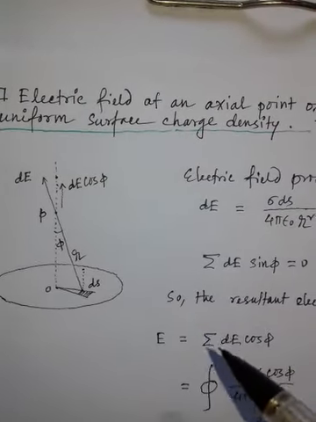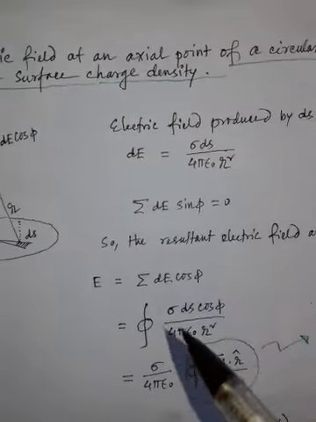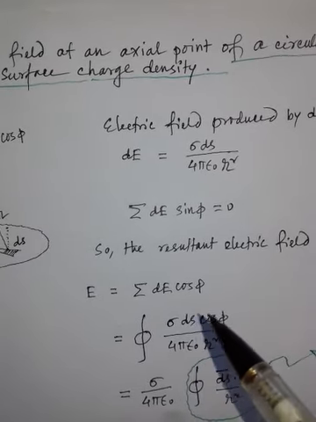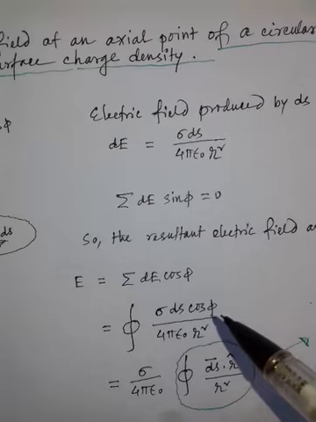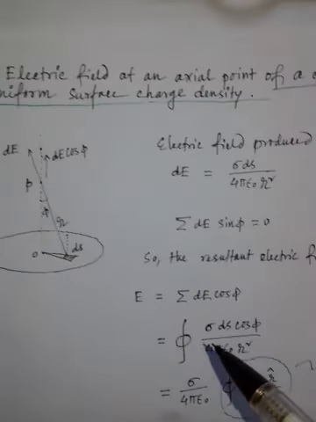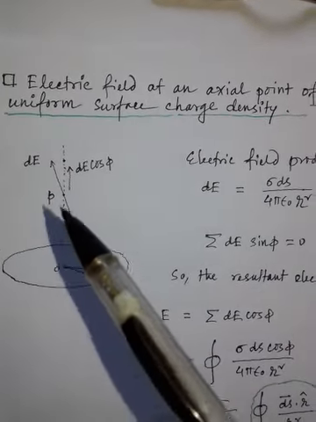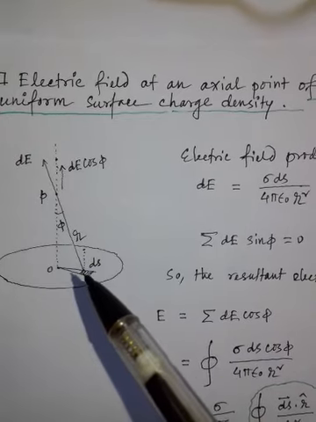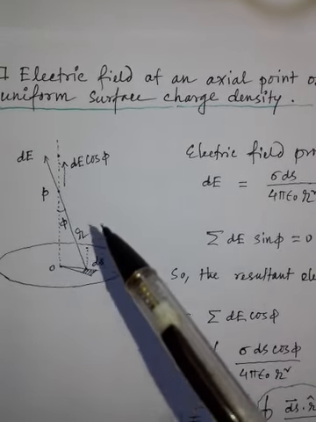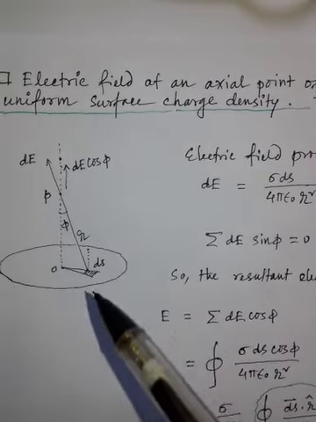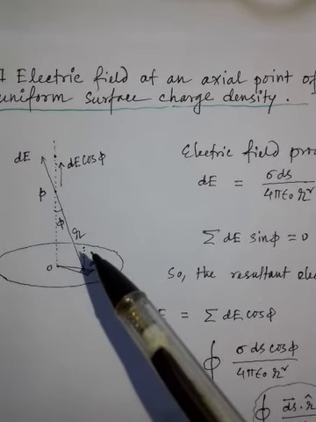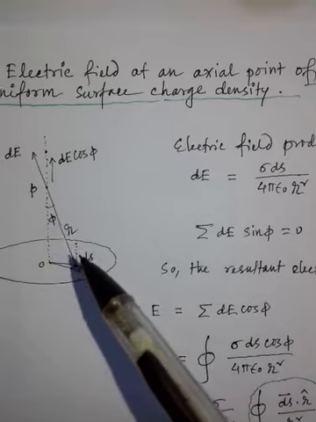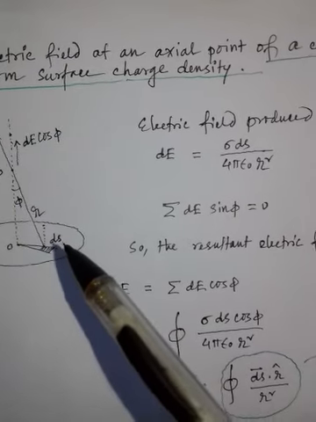So the total electric field at P would be like this one: sigma ds by 4 pi epsilon naught r square, which is dE cos phi. But what about ds cos phi? ds is along this direction, that is, along the axis, and phi is the angle between this position vector r and ds.